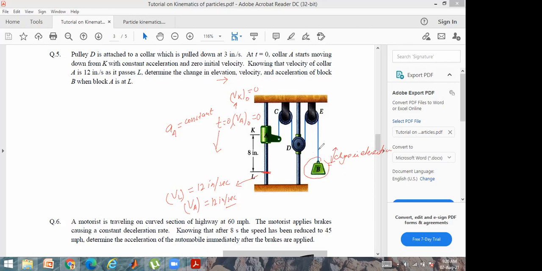There is no other way. If it goes up, what will be the change in elevation? If it goes down, what will be the change in elevation? There will be a change in the distance. That is what it has asked you to find. The next is, what will be the velocity of B, VB equals what? And similarly, the acceleration of B is equal to what?